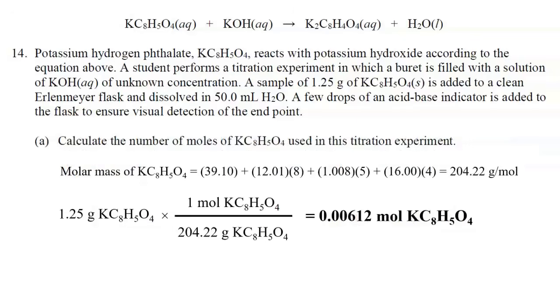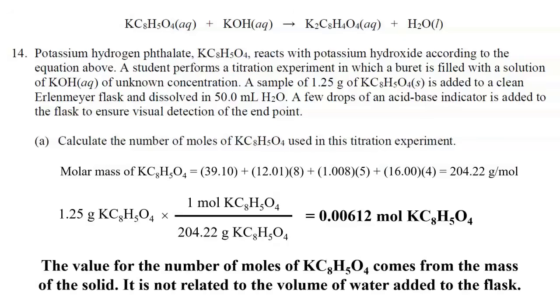So in trial 1, we calculated the number of moles of potassium hydrogen phthalate by converting grams to moles. We didn't use the 50.0 milliliters of water in our calculations at all. So the value for the number of moles of potassium hydrogen phthalate comes from the mass of the solid.